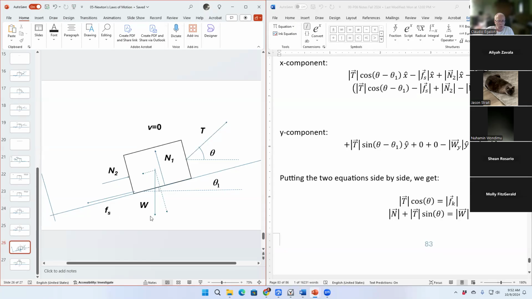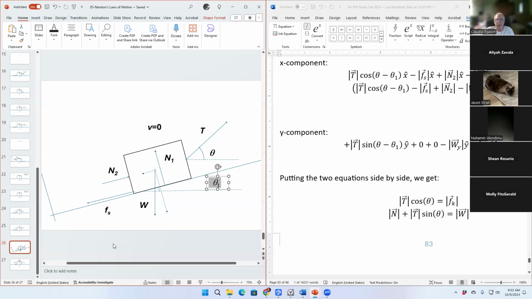Similarly, if this plane were in the horizontal, this angle here would end up being 90 degrees. And again, if we increase the plane little by little, this angle would decrease from 90 degrees to something else. So what we have here is theta 1, this angle right in here, in this right-angle triangle.